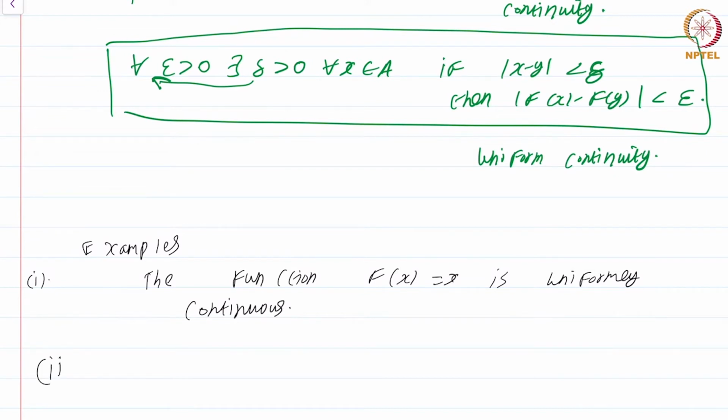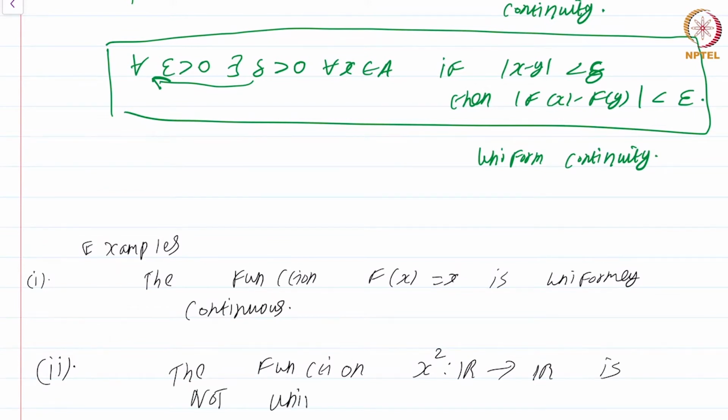Number 2, the function x squared from R to R is not uniformly continuous. Well, is this clear? We just saw this, right?